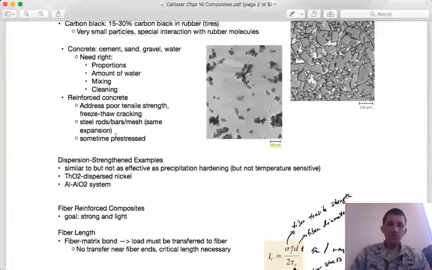Sometimes the reinforced concrete is pre-stressed, meaning the reinforcement is put under tension, and then you pour the concrete, let it cure, and then you release the tension. What that will do is put a compressive stress onto the concrete from within.